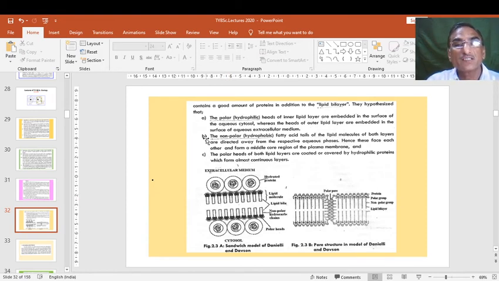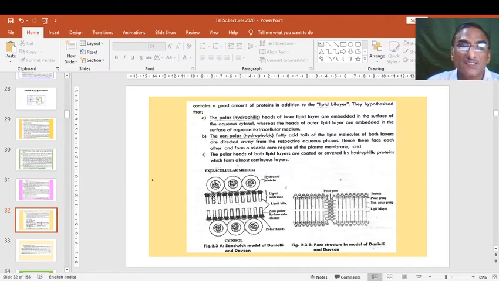First is that the polar or hydrophilic heads of the inner lipid layer are embedded in the surface of the aqueous cytosol, whereas the heads of the outer lipid layer are embedded in the surface of the aqueous extracellular medium.